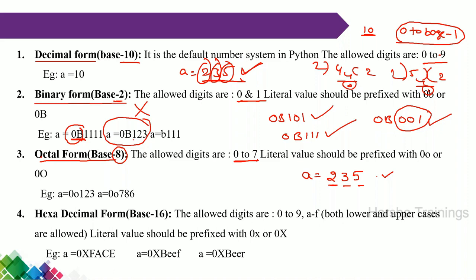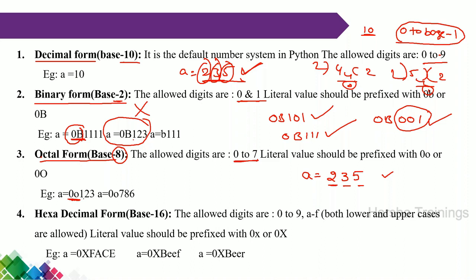Now, what to do? To differentiate between decimal numbers and octal numbers, by default every number is considered a decimal number. If any number is prefixed with 0 followed by O, remember the first one is zero, the second one is the letter O, then that is called an octal number.